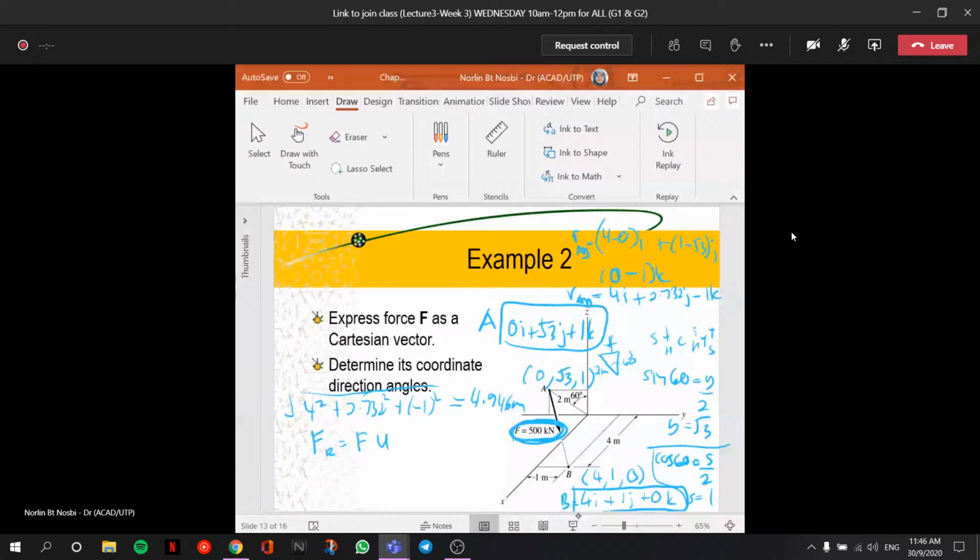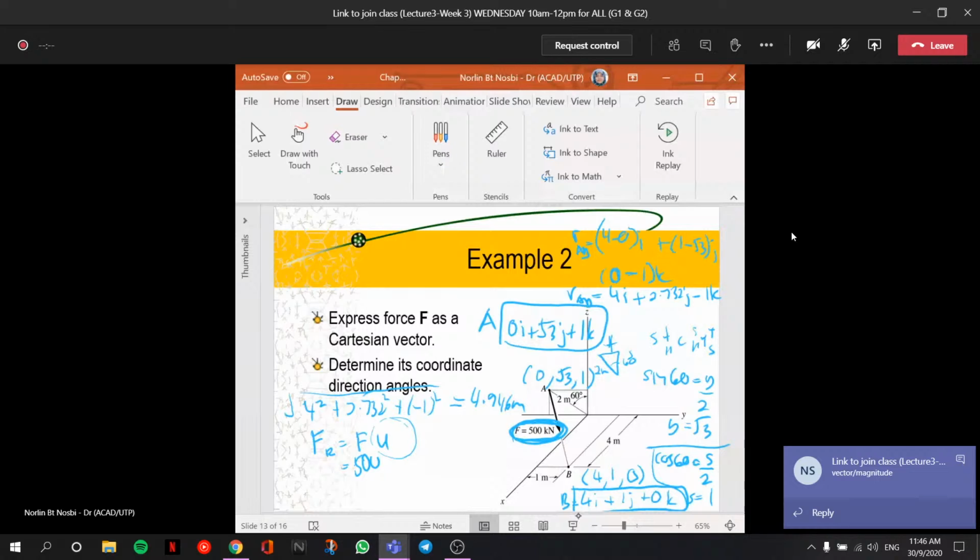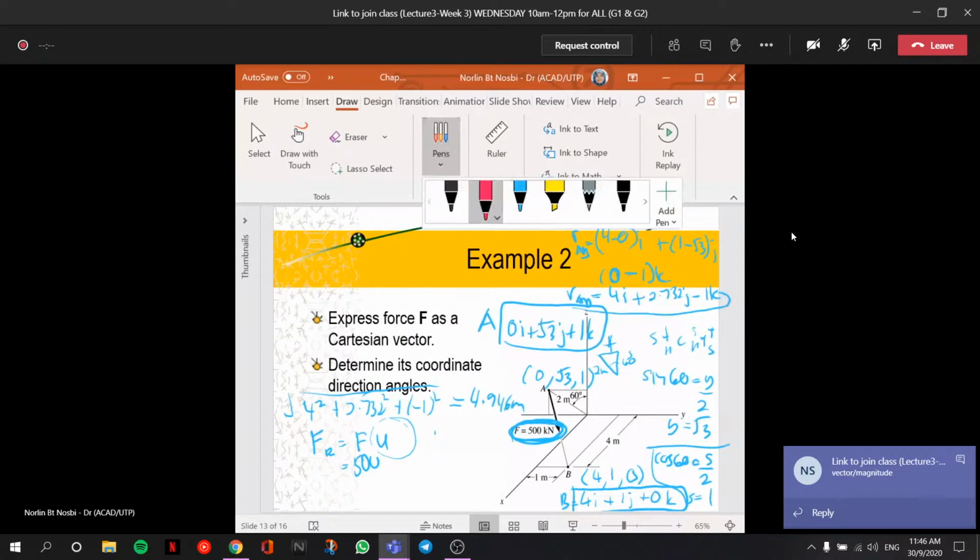F is 500. How about U? If you refer back to the previous notes, U is equal to the resultant vector over the magnitude.